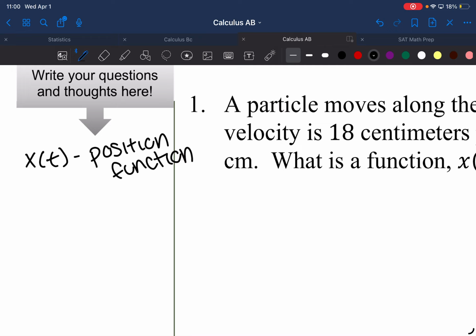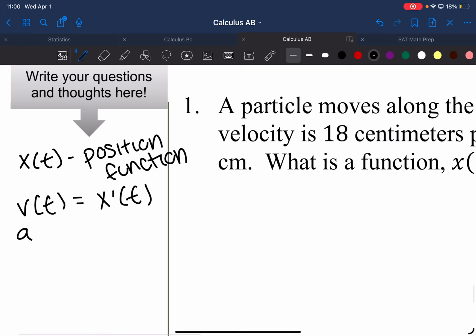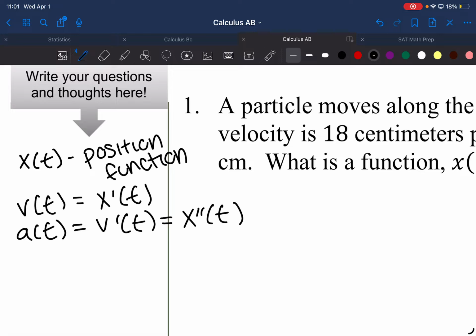In order to find velocity, remember that is the first derivative of the position function. And to find acceleration, this was the first derivative of velocity, or the second derivative of the position function. So this was our applications when we were talking about derivatives.